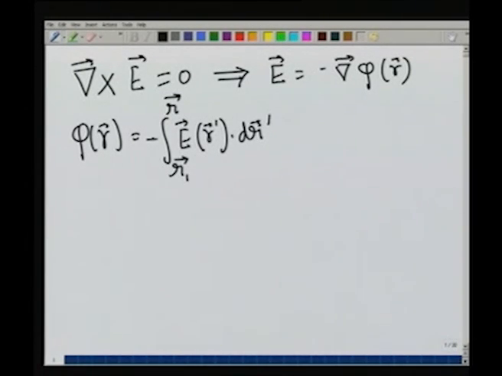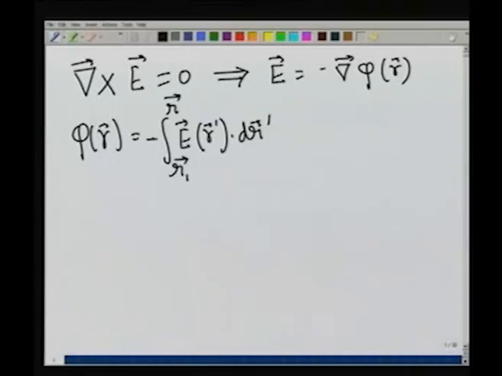If I had an arbitrary vector field V, this particular integral on the right hand side would have depended on r1, it would have depended on r, and it would have depended on the curve. However, because curl of E is equal to 0, we know that it is independent of the curve. Therefore, this r1 is an inessential initial point.